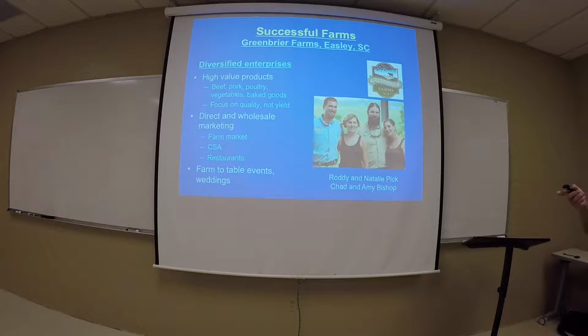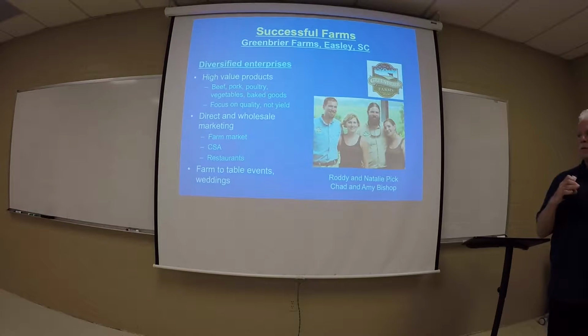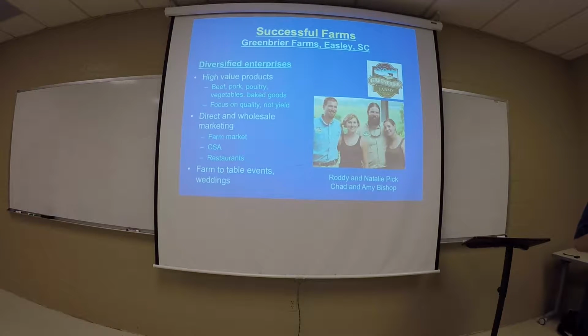I'm just going to give you one example, Greenbrier Farms. They're located just outside of Easley, and Greenbrier is owned and operated by Roddy and Natalie Pick and Chad and Amy Bishop. The one thing you could say about their farming operation is that it's highly diversified.